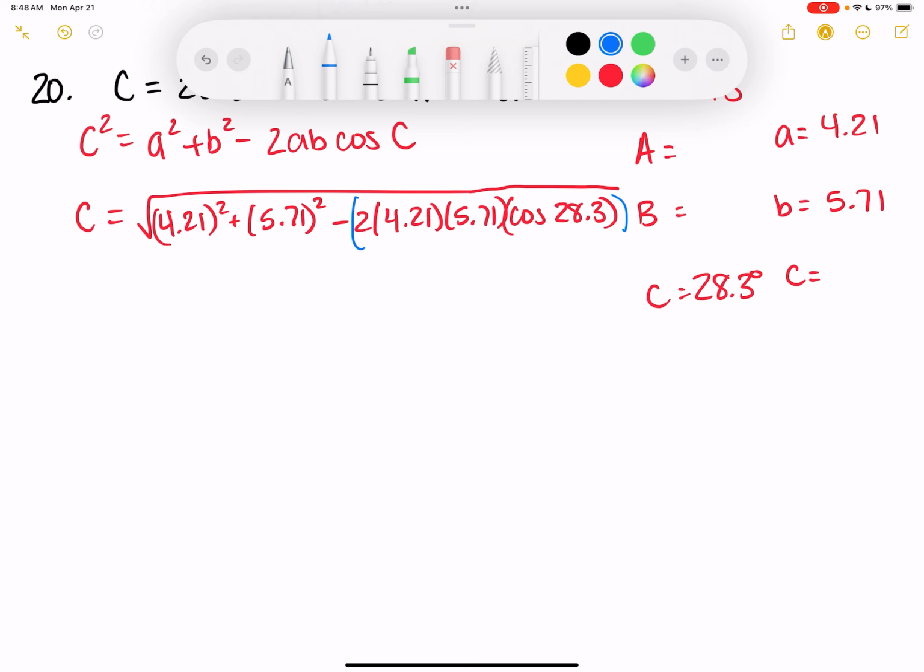So anyway, I've got minus parentheses 2 times 4.21 times 5.71 times the cosine of 28.3. And then I'm closing my big parentheses there at the end. And so then I get 9.91. I'm just going to round that to call it 10.